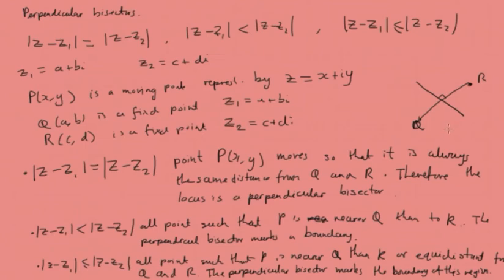Okay, so let's look at our diagram. So here's our perpendicular bisector. In this situation, the point P is nearer to Q than to R, so it's anything down here on this side of the perpendicular bisector, but when it's less than or equal to, you've got all the points on this side of the perpendicular bisector, including the bisector, but not on the other side, would be your locus.